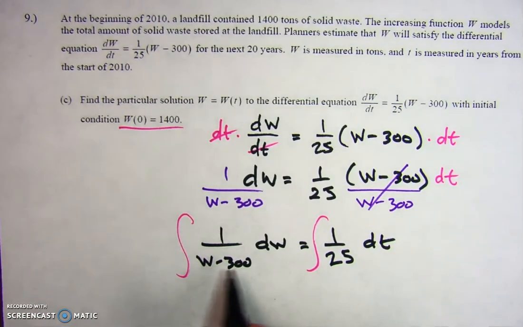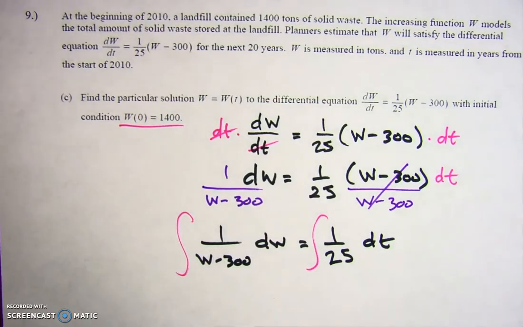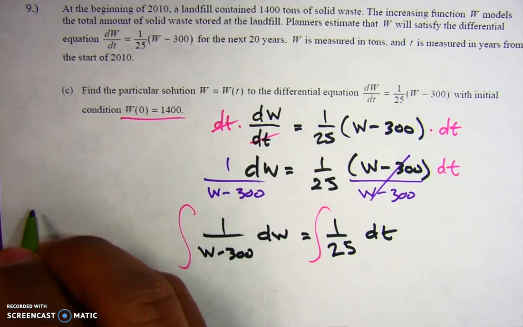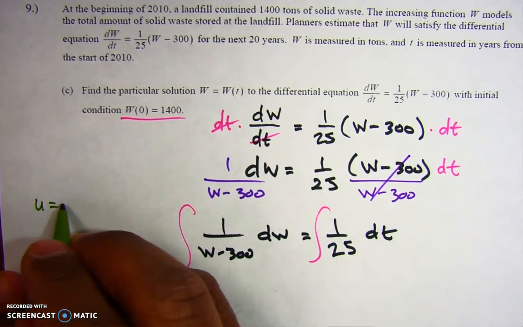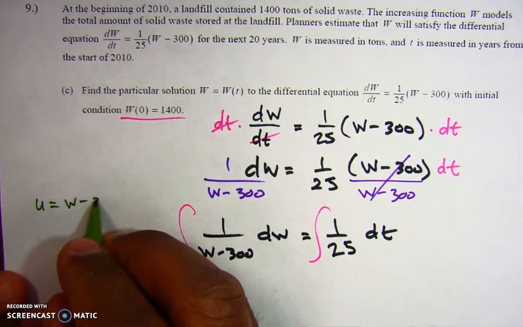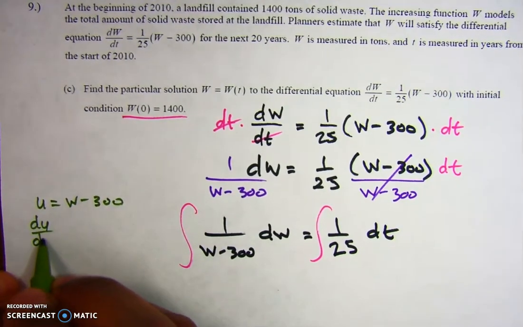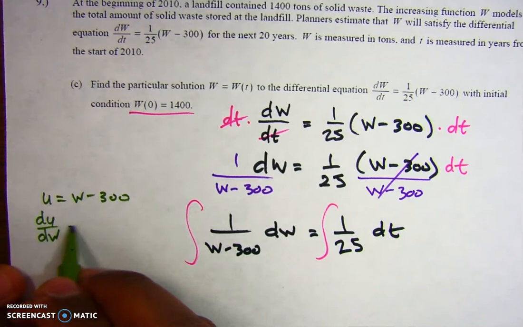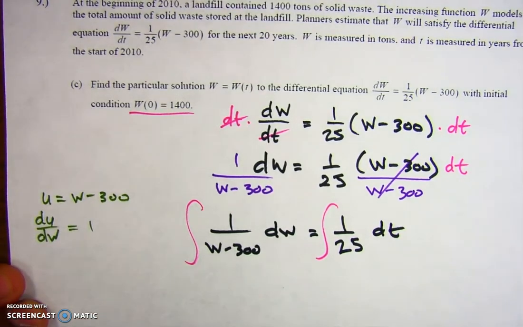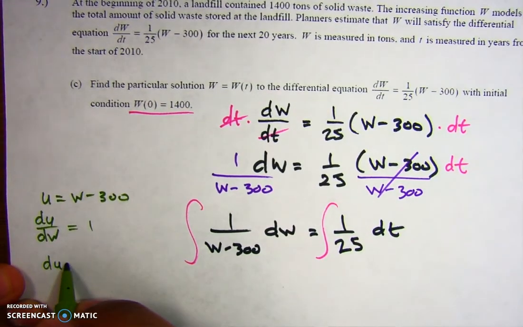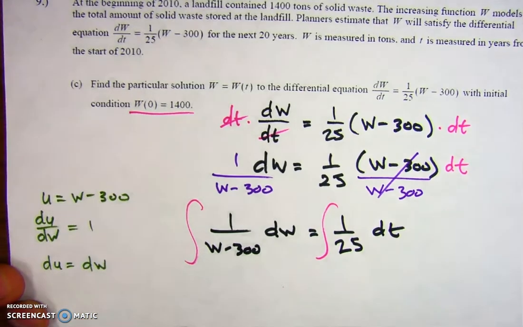Now, 1 over W minus 300 is a simple U substitution. So what we have is, if we let U equal W minus 300, du with respect to W is equal to 1, and du is pretty much equal to dW.